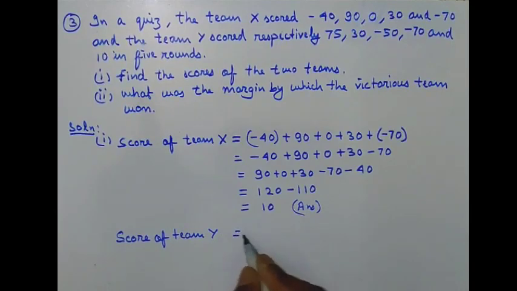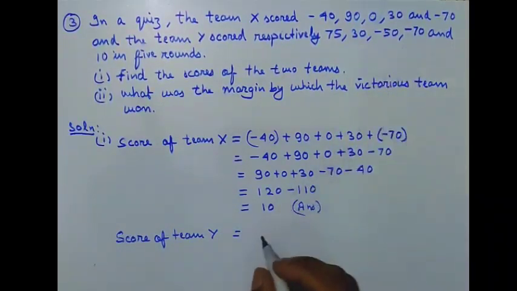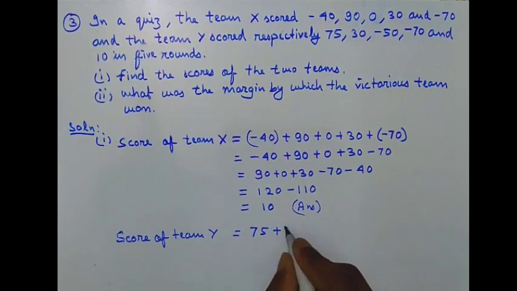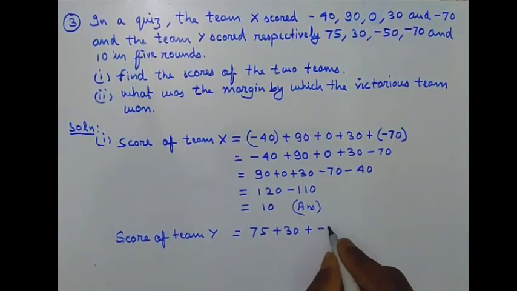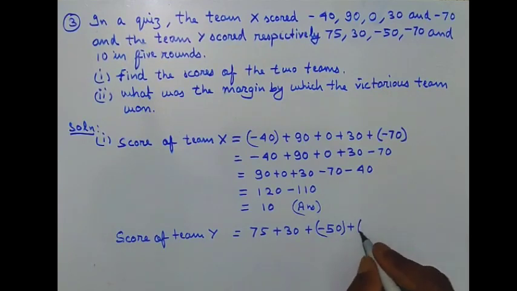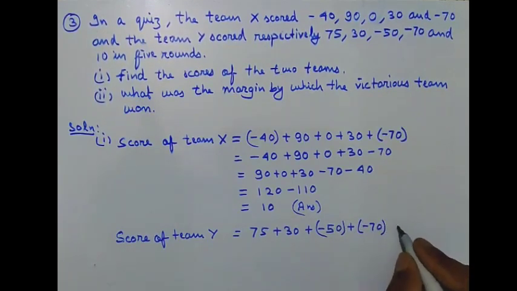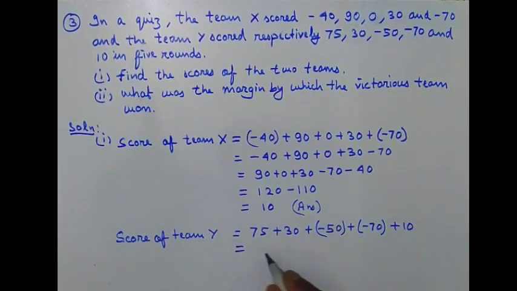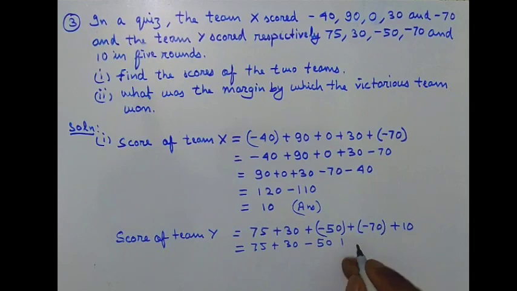will be equal to the sum of all these scores, that is 75 plus 30 plus negative 50 plus negative 70 plus 10. Now let's open the brackets there. So negative and positive will become negative 50, and then negative and positive will become negative 70 plus 10.